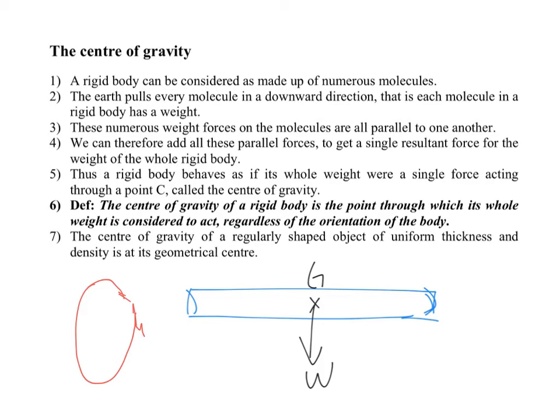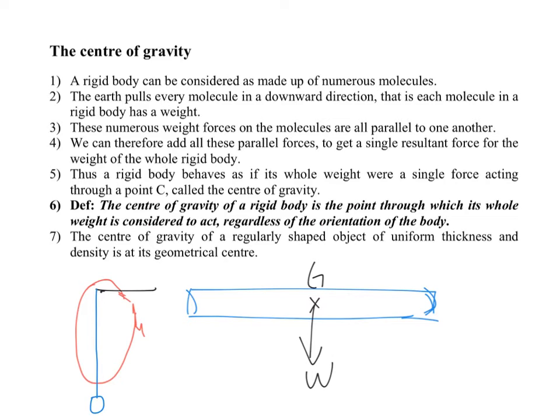What you would do is use a needle or a pin to poke a hole and suspend it, and it will swing at first until it comes to rest. When it comes to rest, we hang a plumb line on the pin, which indicates a vertical line, because your plumb line will always hang vertically.